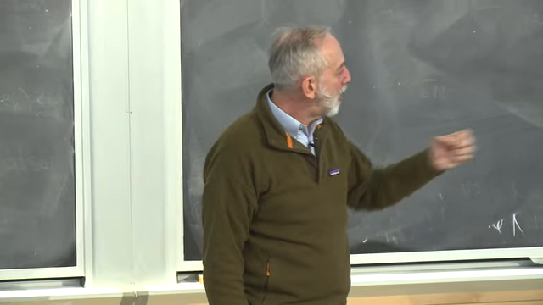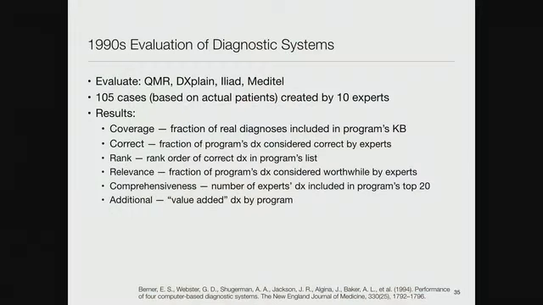And so there was this paper by Etta Berner and her colleagues in 1994 where they evaluated QMR and 3 other programs. DXplain is very similar in structure to QMR. Iliad and Meditel are Bayesian network, or almost naive Bayesian, types of models developed by other groups. And they looked for results, which is coverage.